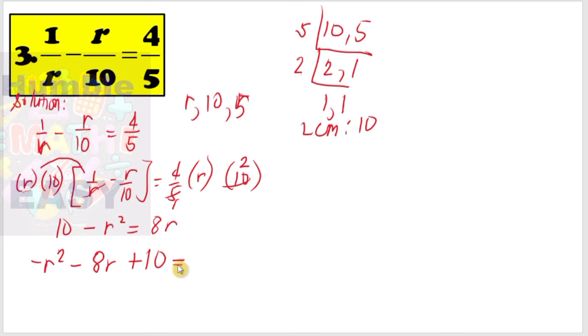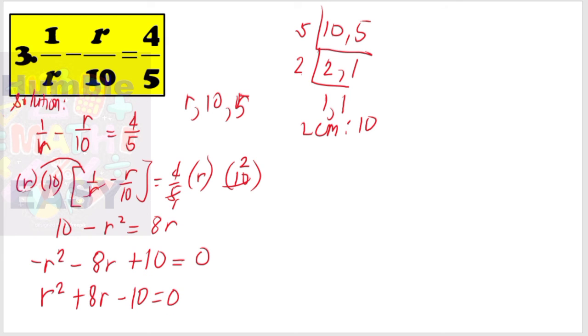Then again the numerical coefficient of the quadratic term is negative, so take the opposite. So opposite of negative r squared is r squared. The opposite of negative 8r is positive 8r. Then opposite of positive 10 is negative 10, so which is now equal to 0.